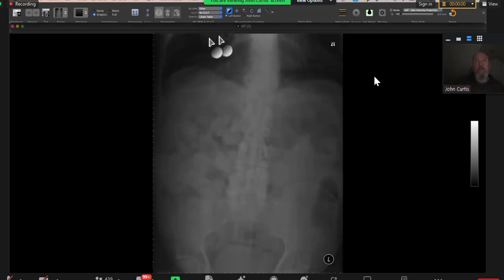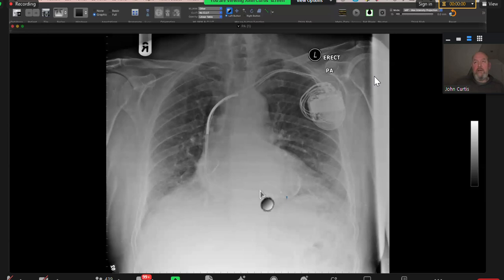Abdominal film, there's a lung mass on the film. And this looks like an extension of the lead, but actually the lead goes there, and then this is calcification.